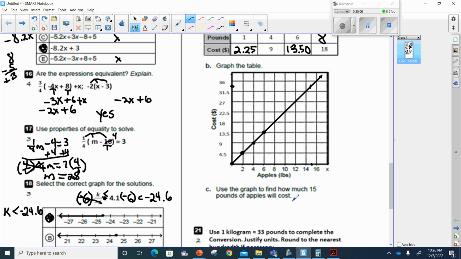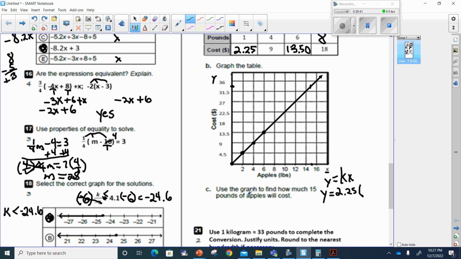Remember the equation that I gave you guys, y is equal to kx. Now, x is over here, y is over here. So what we're trying to do is find out what k is. k is what 1 is, and 1 was 2.25. So we can say that y equals 2.25 times k, or x. And they're saying x is 15.